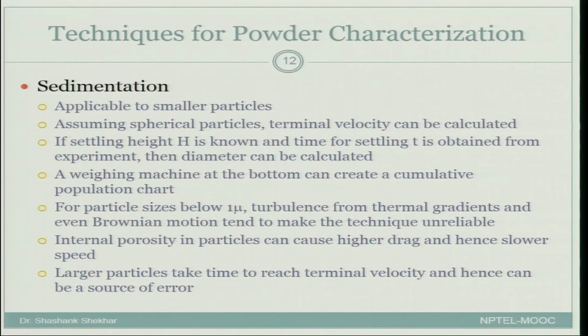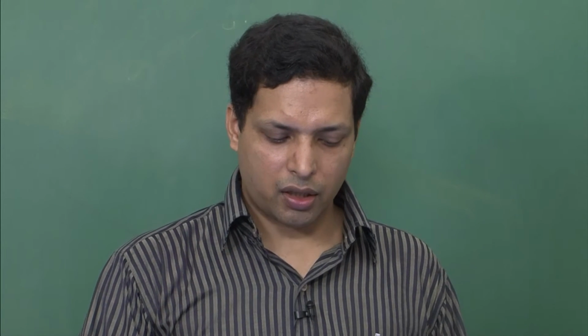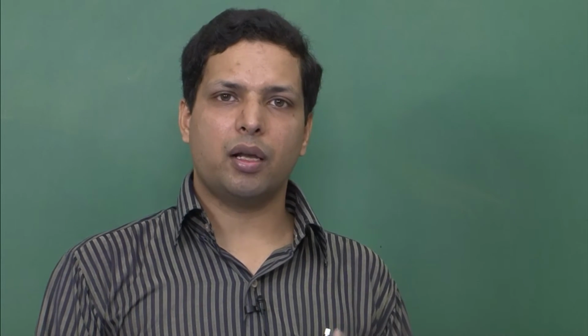It will take longer time to reach the settling velocity, which is the terminal velocity, and second, there will be turbulence because of the increase in the Reynolds number, and therefore, this particular relation will not be valid. And in fact, we will solve one example problem based on this to show that there is an upper limit to the particle size. So, there is both a lower limit and upper limit to the particle size that can be measured using this technique.